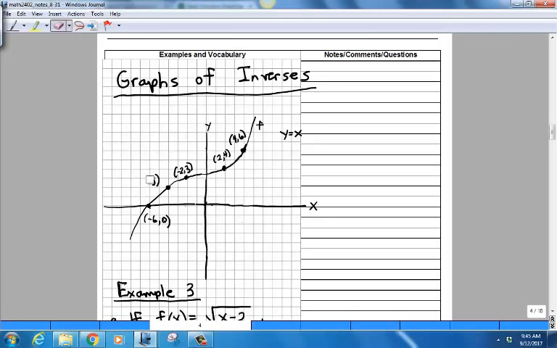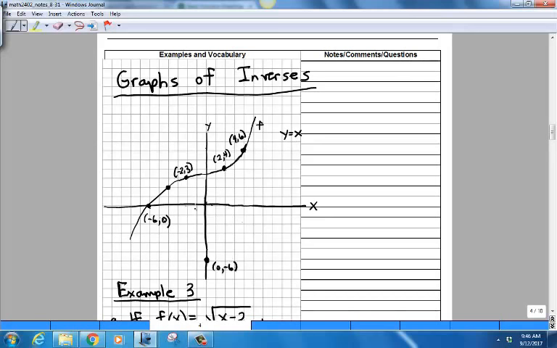Let me erase this one because this is just a variable point. If I flip the x and the y values, that gives me 0 and minus 6. So that's a point that's going to be on the inverse. 1, 2, 3, 4, 5, 6. There is 0 and minus 6.